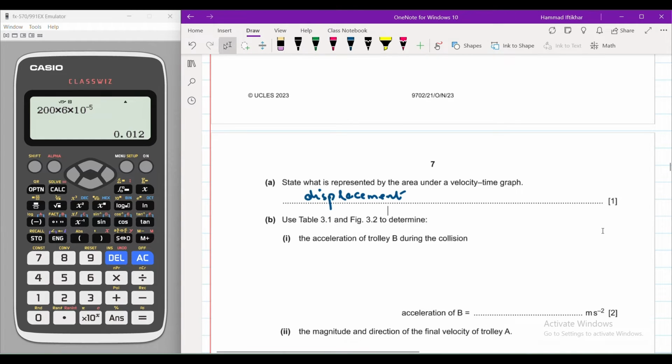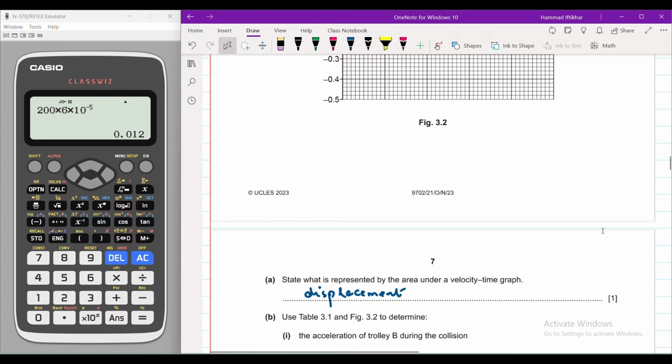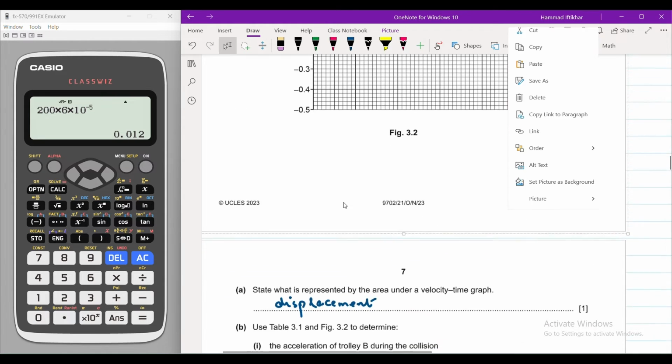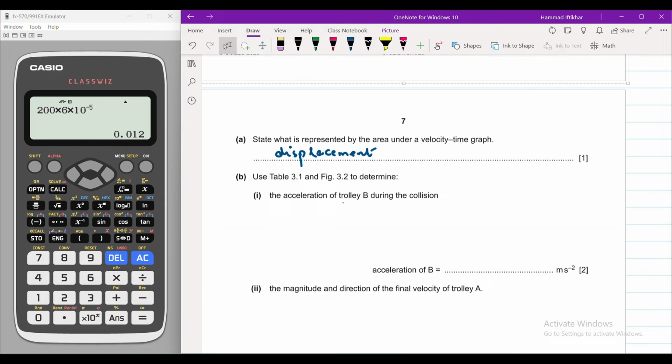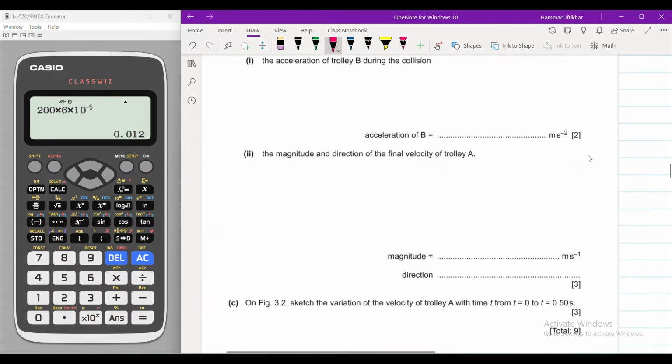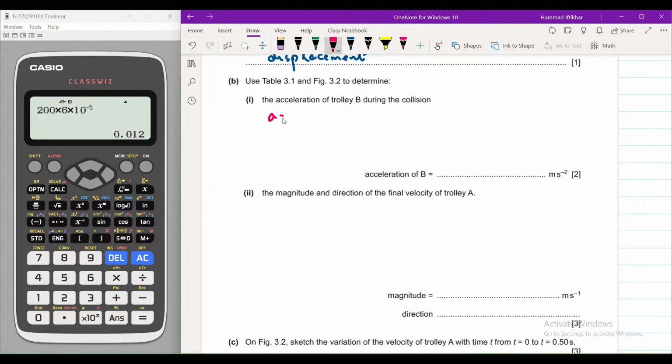Use table 3.1 and figure 3.2 to determine the acceleration of the trolley B during the collision. Okay, so the change in velocity over change in time. So acceleration is the change in velocity over change in time. So actually we should write this over here. Change in velocity over change in time.